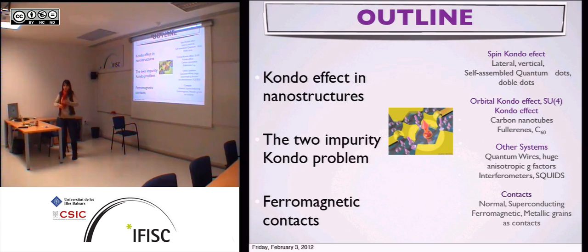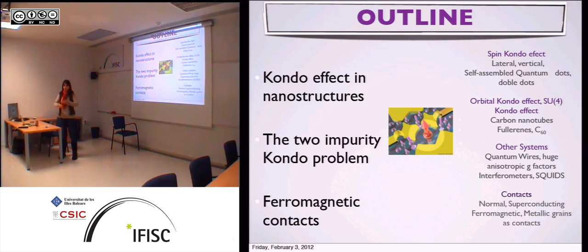They are in a way similar to atoms, but they are in a more tunable setup, because in an experiment you can tune the transparency of the barrier, you can tune the width of the quantum dot, and you can gate the level of the dot, which means that you can put the level down or up as you wish. You can move the level of the dot, and the reservoirs are the contacts, and you can apply some bias voltage, so you can allow transport from the left to the right.